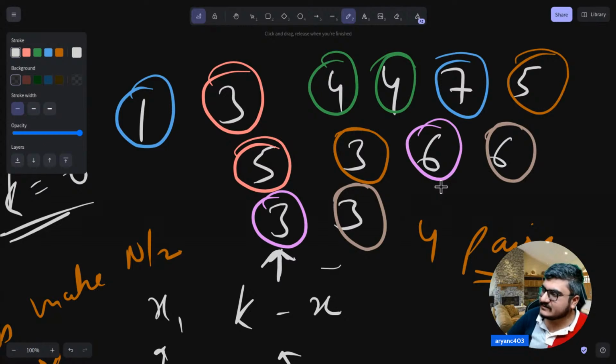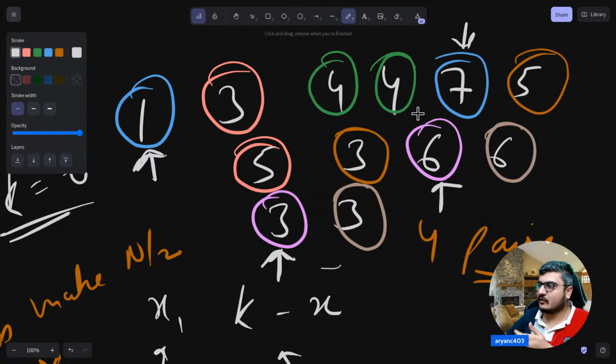Then Bob can instantly play the other number of the pair he has chosen. Let's say Alice plays this number, then Bob can instantly play this number to make sum k. And the other way around, if Alice plays this number, then Bob can play this number immediately to make sum 8.